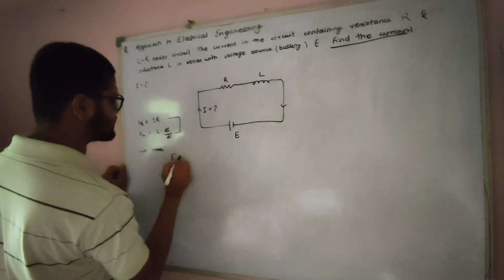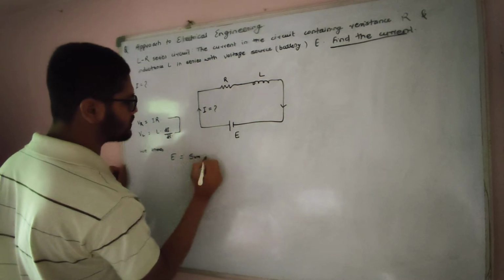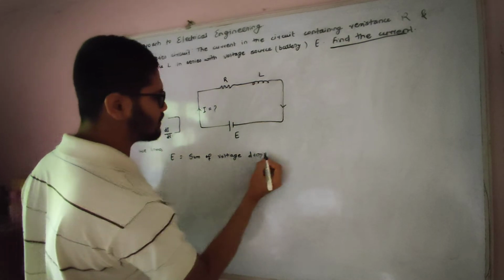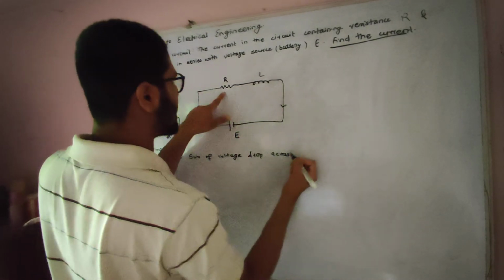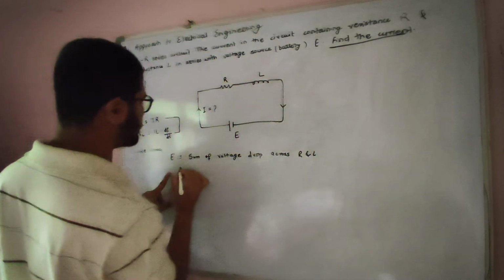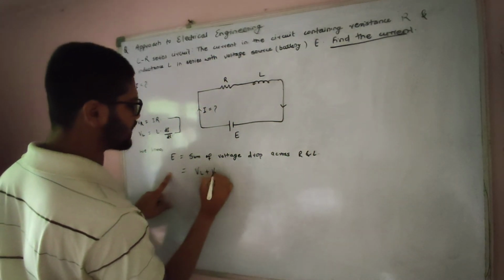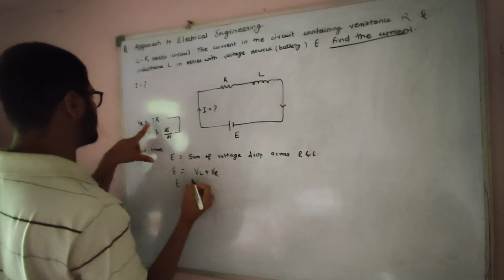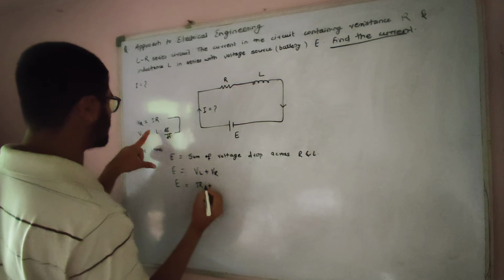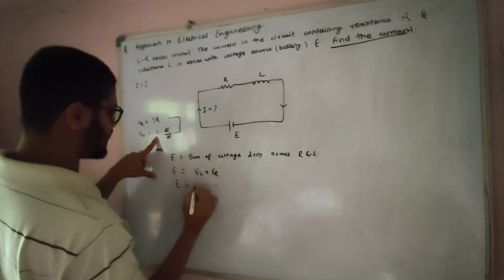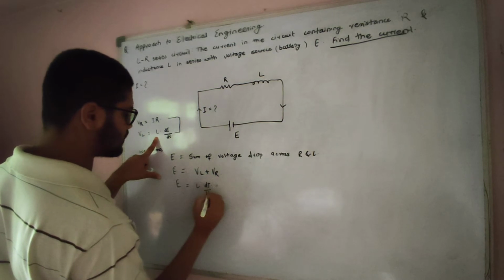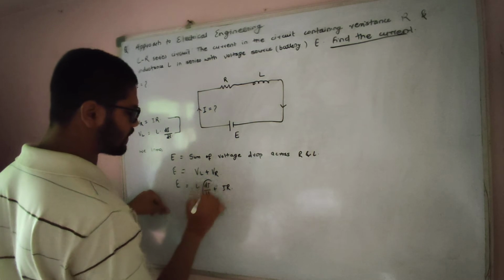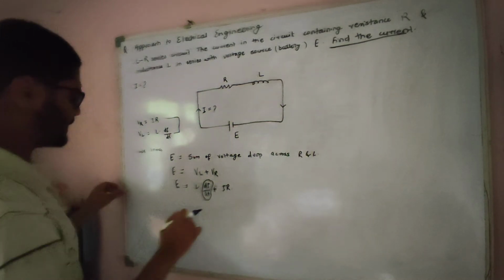We know that E is equal to the sum of the voltage drops across R and L, which equals VL plus VR. That is, VR is equal to IR, and similarly VL is equal to L times di by dt, the rate of change of current.